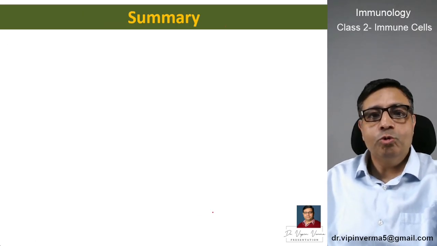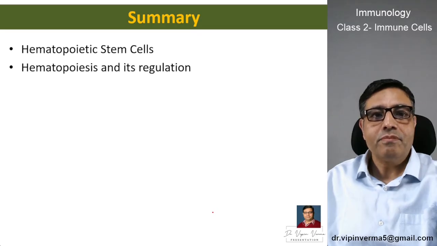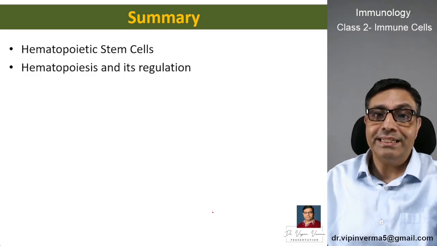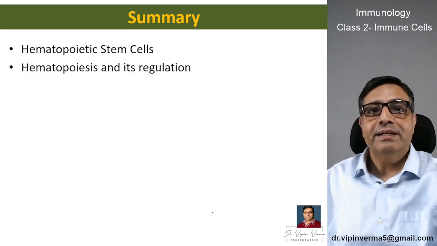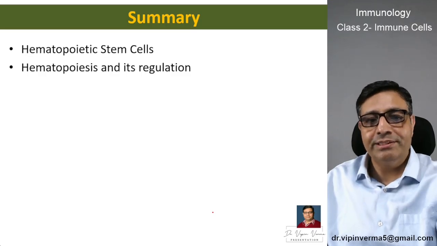So I think we are closing the class today, and let us summarize what we have learned so far. We covered the hematopoietic stem cells. We covered hematopoiesis and its regulation. We talked about the transcription factors, how they regulate hematopoiesis, and how hematopoietic stem cells progressively commit themselves into specific lineages.